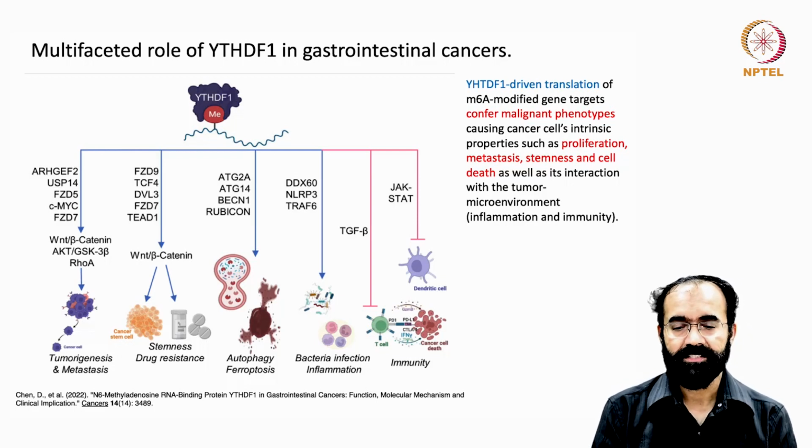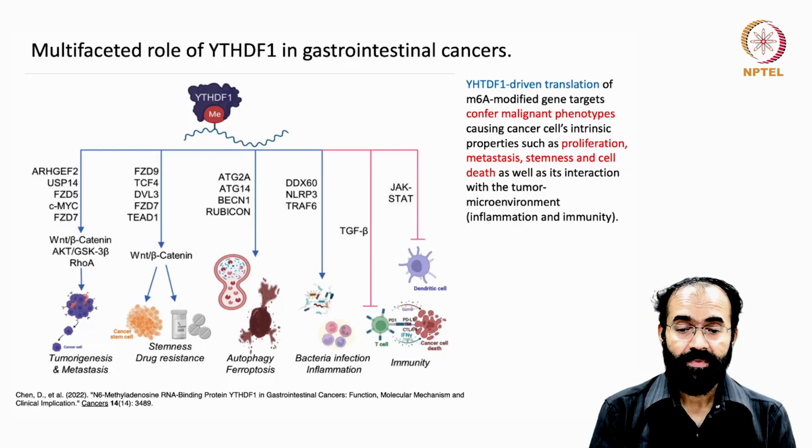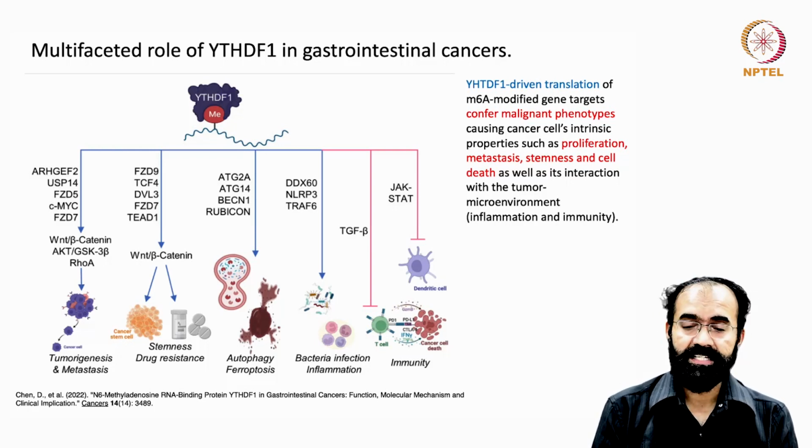So let us see the YTH domain containing readers. These facilitate the translation of the modified target genes, and this will confer malignant phenotypes and cancer cell intrinsic properties such as proliferation, metastasis, stemness and cell death.